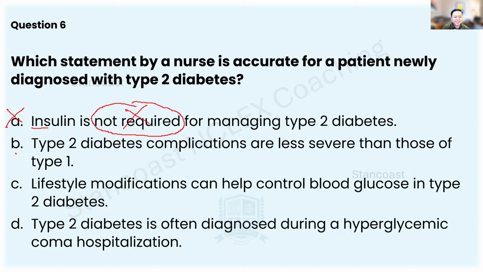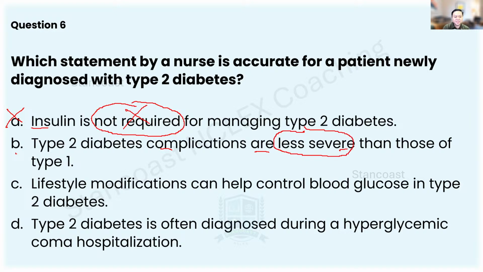What about letter B? Type 2 diabetes complications are less severe than those of type 1. Is there truth to that statement? We know that both type 1 and type 2 diabetes have pretty much the same degree of complications and the same level of seriousness. They will have neuropathy, nephropathy, and also cardiovascular issues. So if you're picking this option, less severe, nope, that's not quite true.